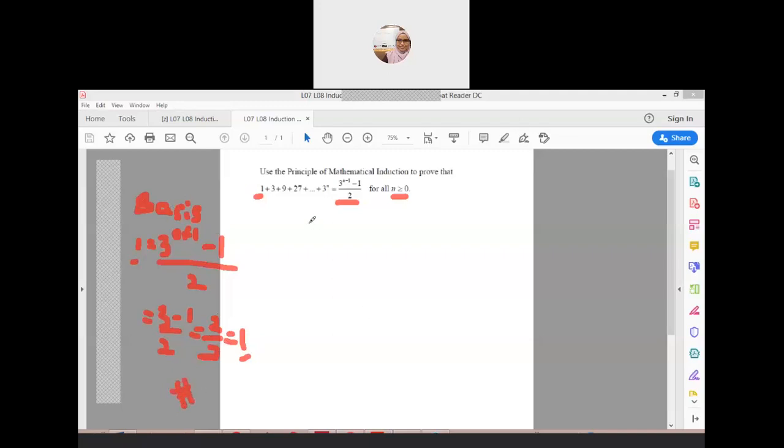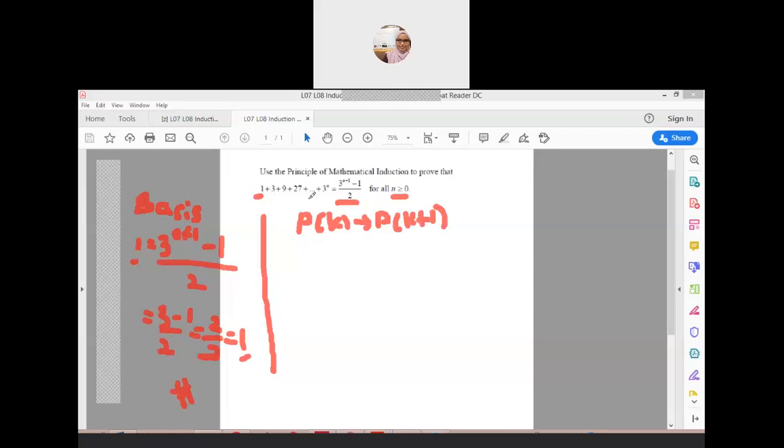For the inductive step, which is P(k) to P(k+1).